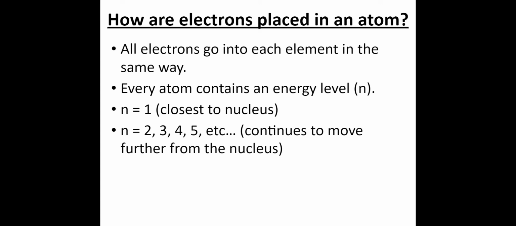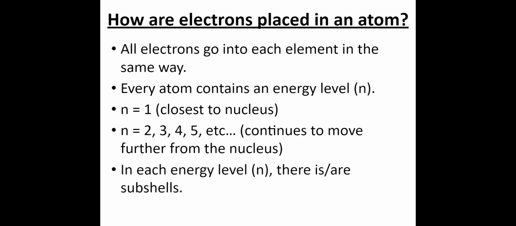Whoa, the higher the energy, the farther away from the nucleus you're going to find the electrons. But wait, there's more. In addition to each principal energy level, there are subshells.